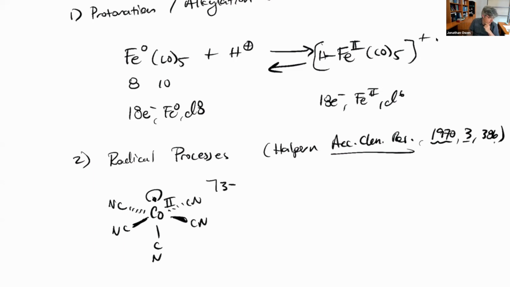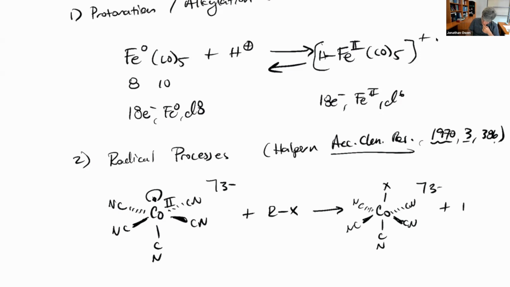This is a 3- compound, and it reacts with alkyl halides. And interestingly, the way it does it is it rips off the halide, and it spits out an R dot.